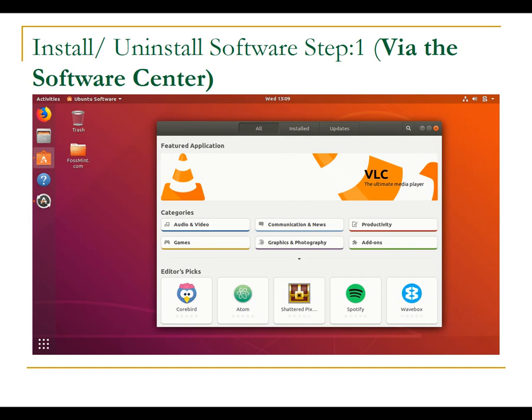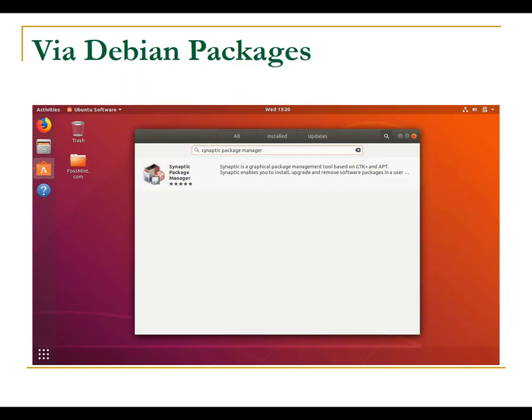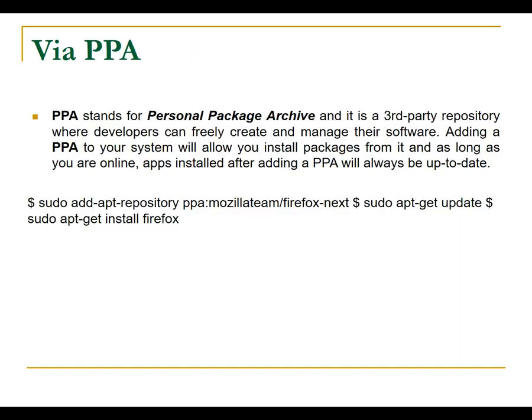Another way is using Debian packages, that is, installation files, just like an installation file of XAMPP, Microsoft Office, or Turbo C, which are called Debian packages in Linux-like operating systems. We can install new application software this way, and the next option is using a personal package archive.